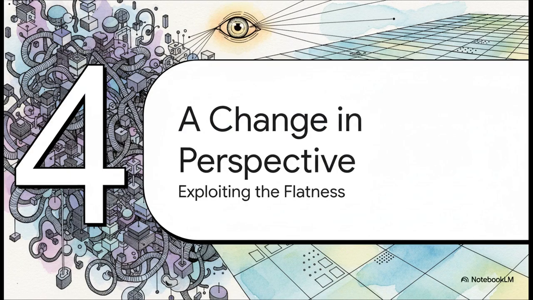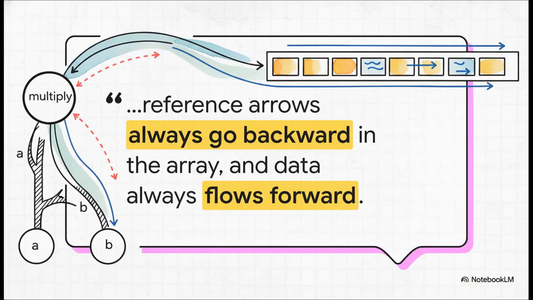So far, we've kind of treated this whole flattening idea as an under-the-hood optimization, a clever trick. But the truly profound part is how it opens up an entirely new way of thinking about our data. Because we build our expression tree from the bottom up, creating the children A and B before we create their parent, multiply, we get this incredible side effect.